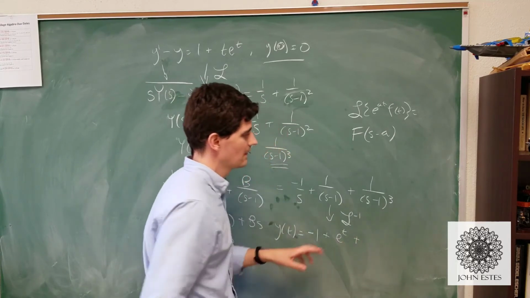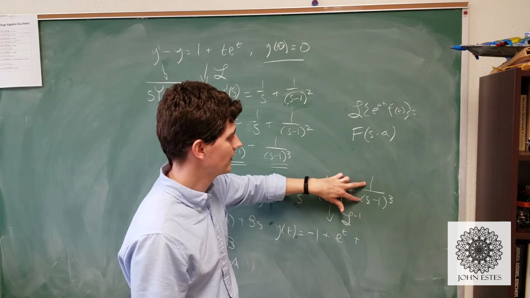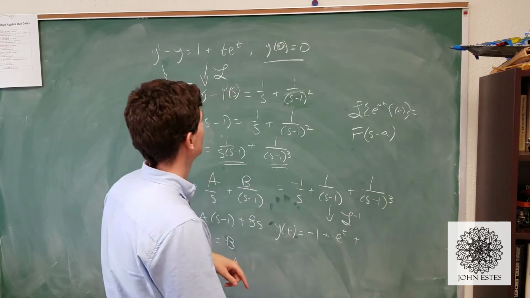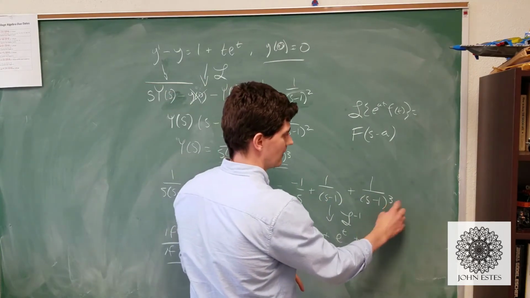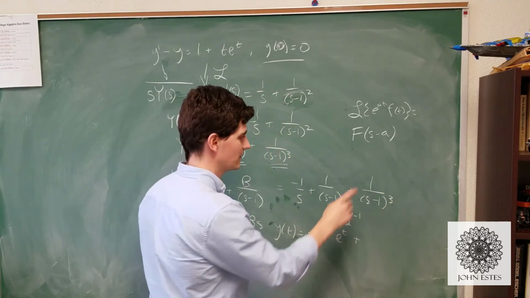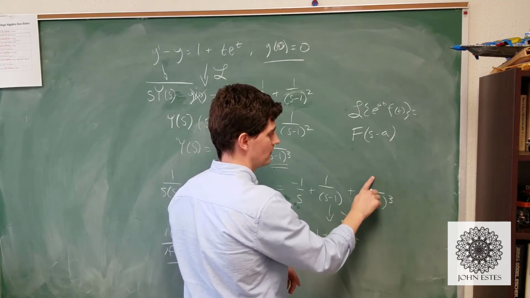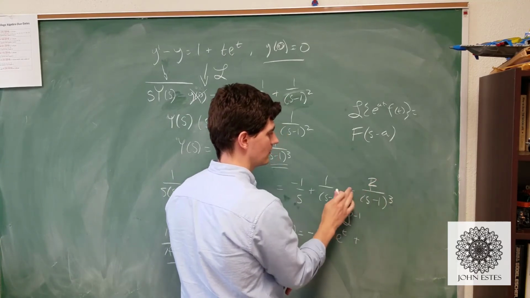This last one, in order to do my translation here, what I would need in the numerator is, see, I'm recognizing that this is going to be t to some power, and that power is going to be 2. So I need a 2 factorial over here, which is 2.